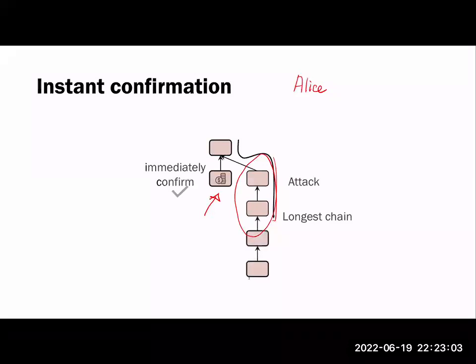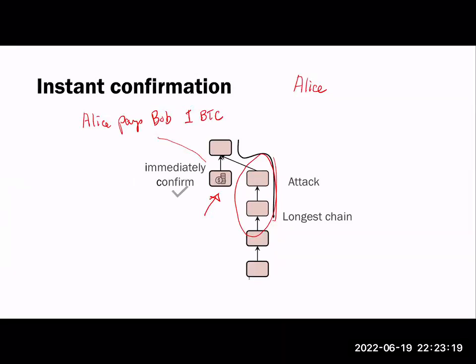The longest chain. So what happens to this transaction, Alice pays Bob 1 BTC, that is in this confirmed block? It's gone. It's no longer in the ledger.